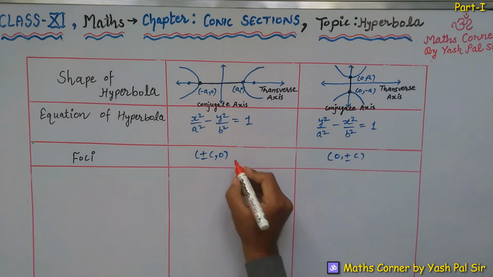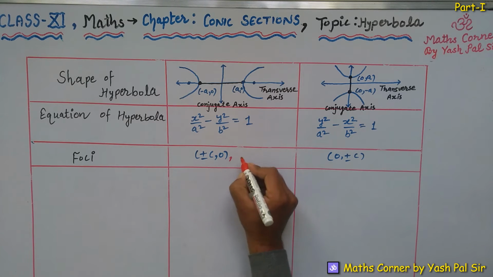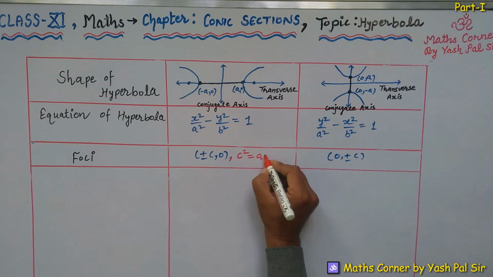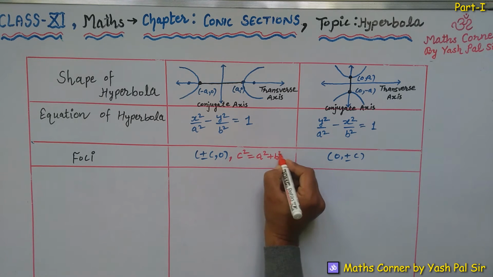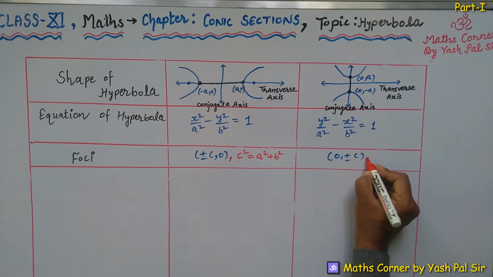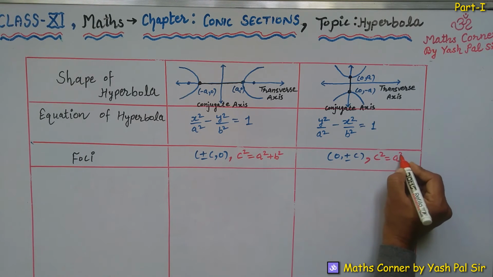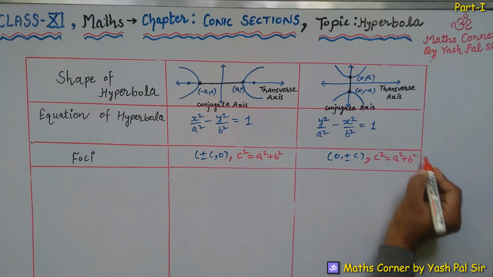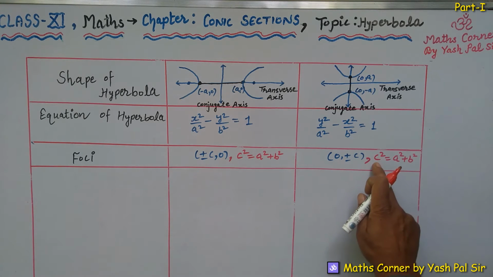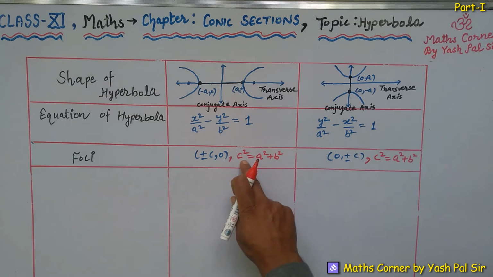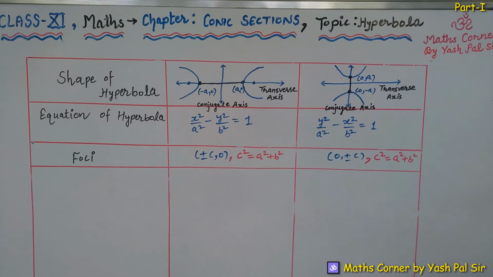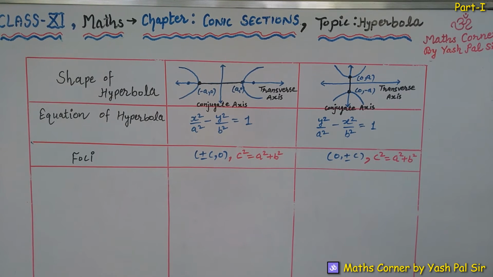Here, how to calculate c? This relation is used: c square is equal to a square plus b square. In this case also the same relation is there. c square is equal to a square plus b square is the relation from which we can find the value of c.